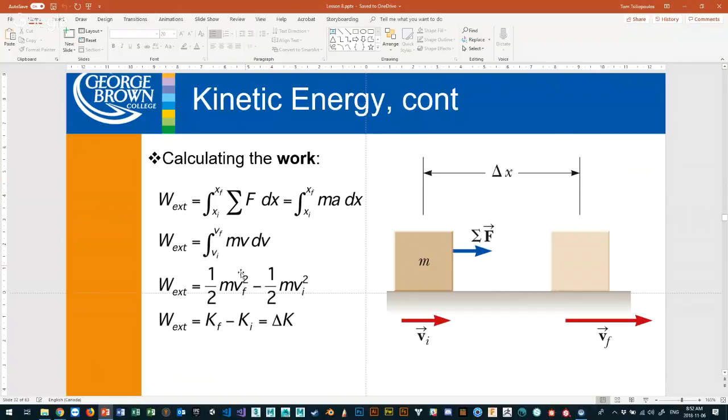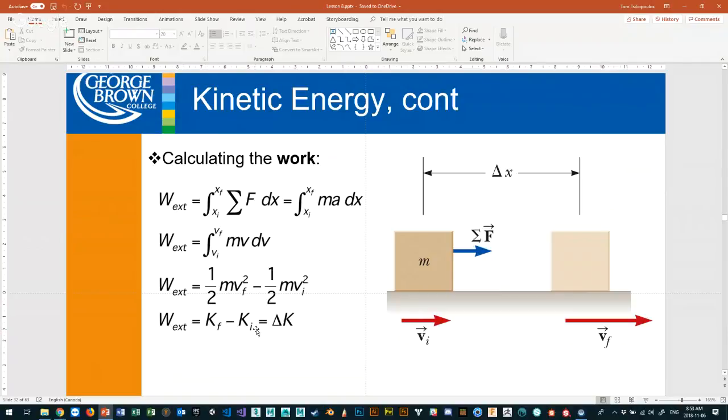And then when we break it down, it comes out to work external is equal to 1/2 mv squared final minus 1/2 mv squared initial. That's what this is, the total displacement, if you will, the total change. We can say that work external is equal to kinetic energy final minus kinetic energy initial.